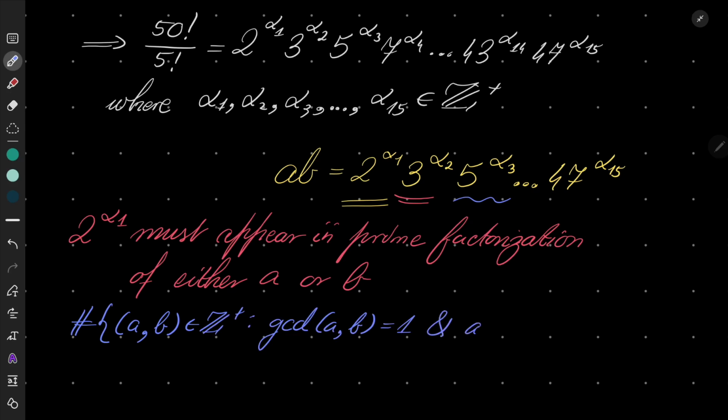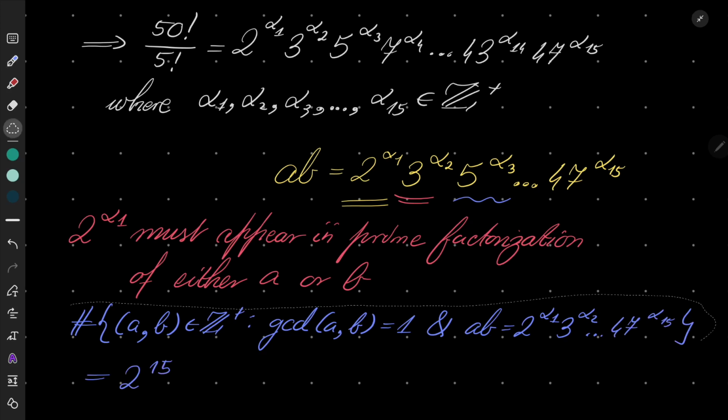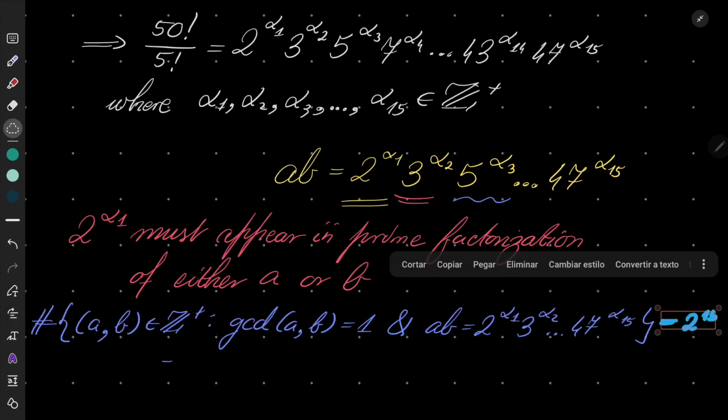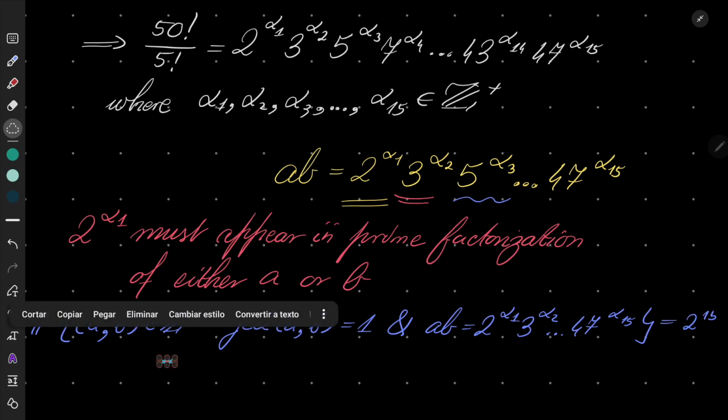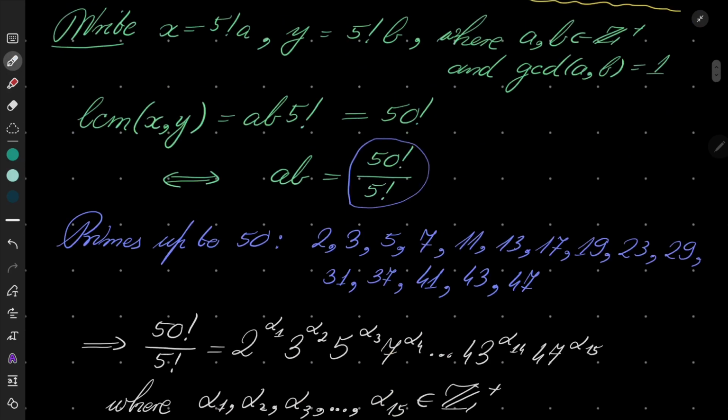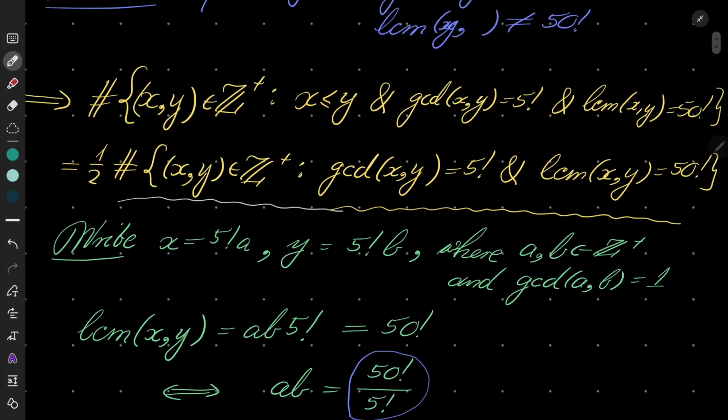and their product equals 2 to the power alpha 1, 3 to the power alpha 2, and so on, that must be 2 to the power 15. And that means that, remember, it's the same as the cardinality of this set right here.